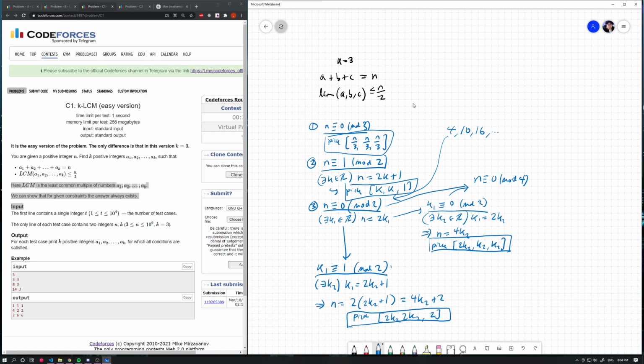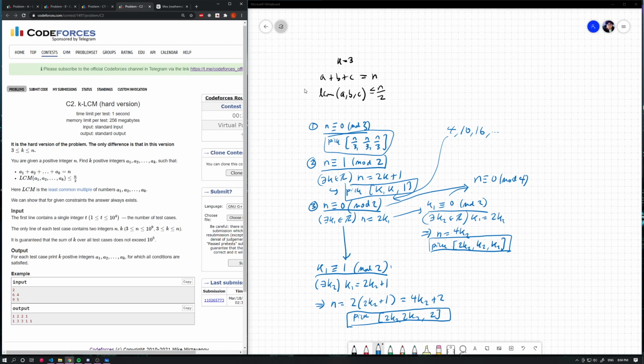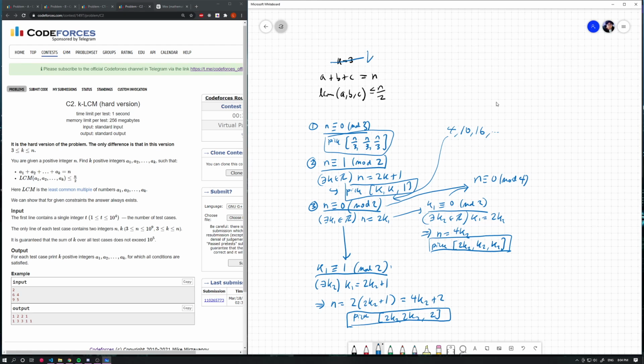Basically the problem statement of C2 is that instead of fixing k to be 3, k can now be anything, right? And so here you want to pick some numbers a1 through ak such that their sum is equal to n, and then the LCM of a1 through ak is less than or equal to n over 2.